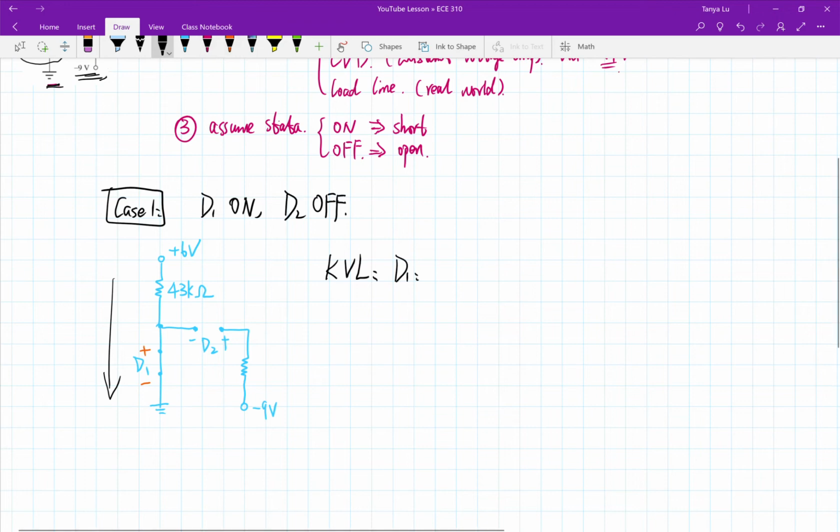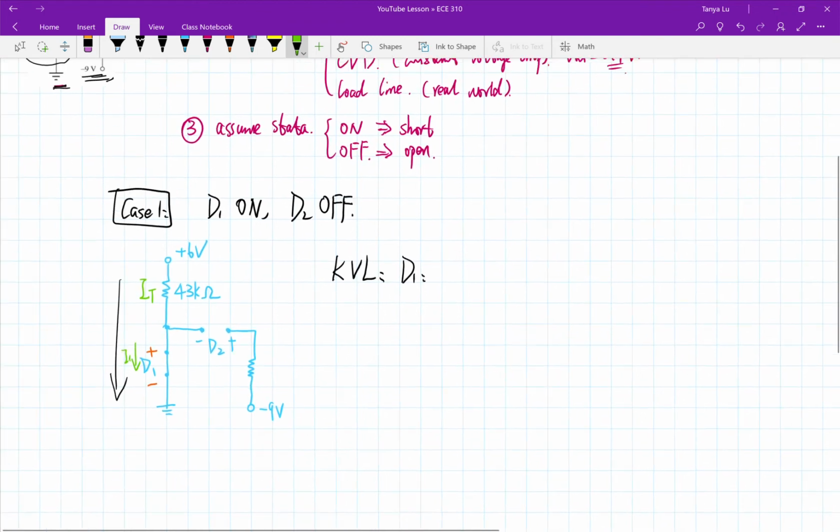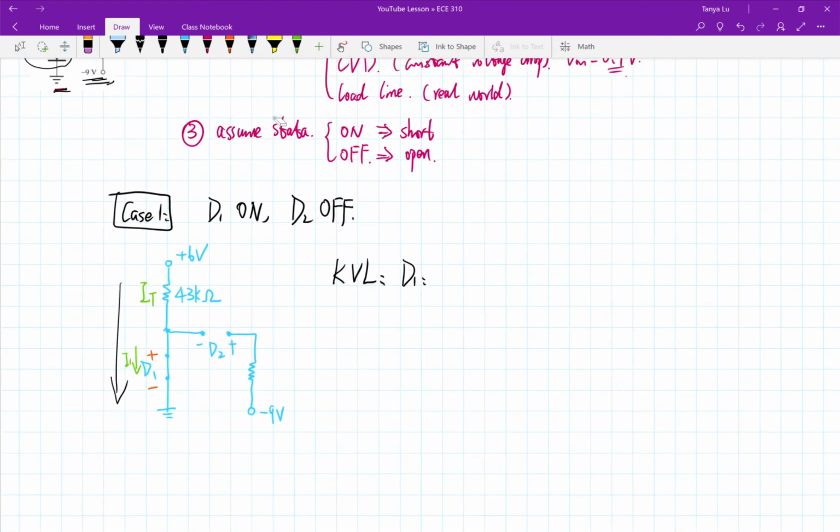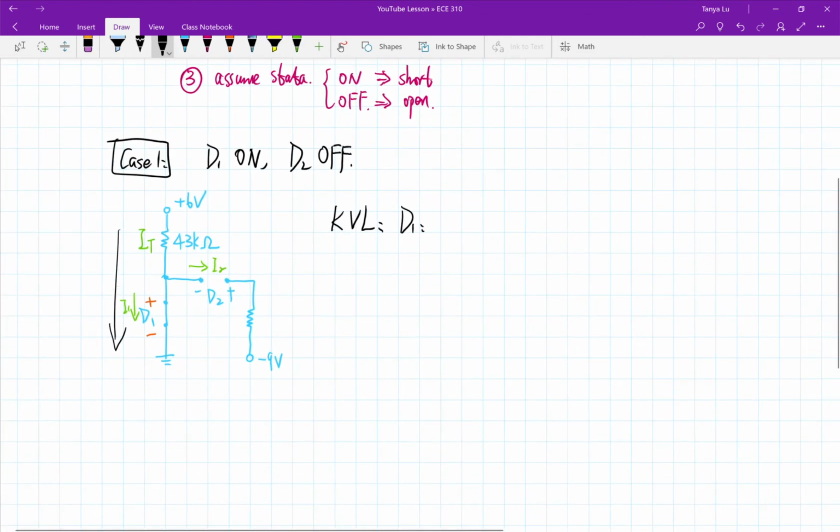So I will say here is I total, because I want to call here is I1 and here's I2. Okay, so now our D1. Start at 6 volts, minus I total times 43 kilo ohms, right?